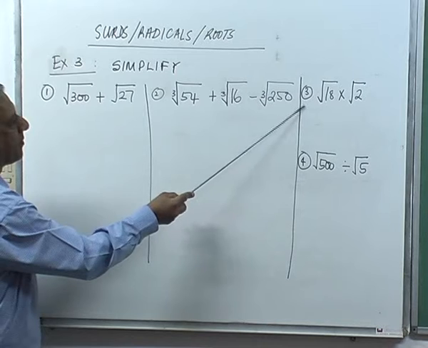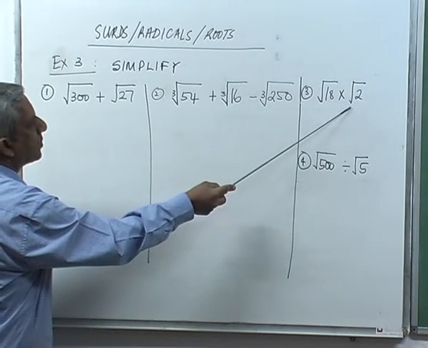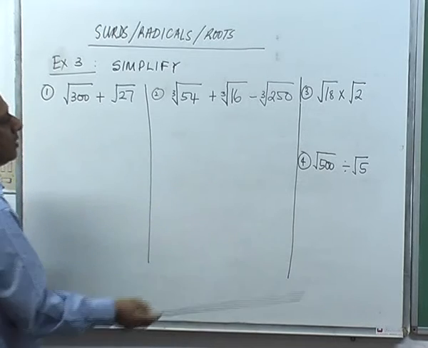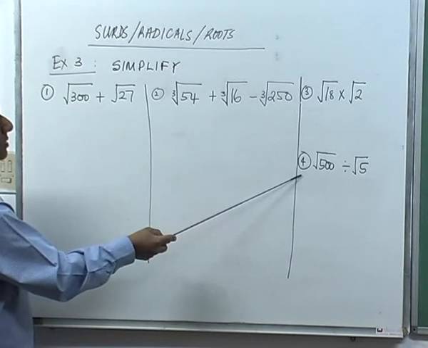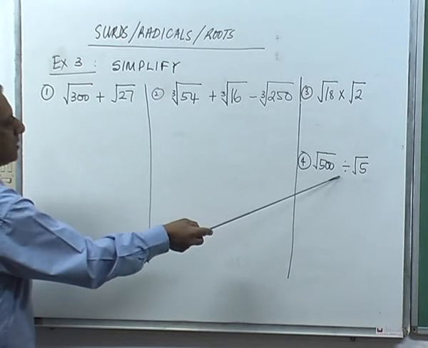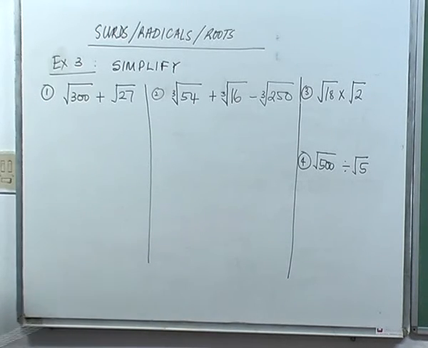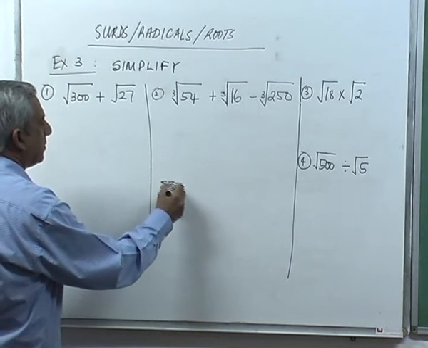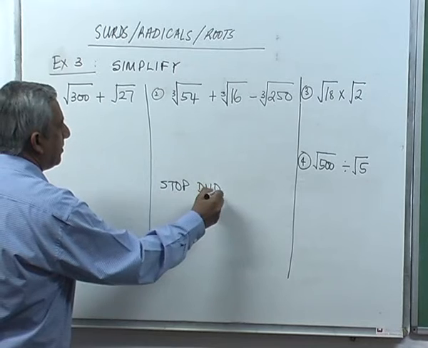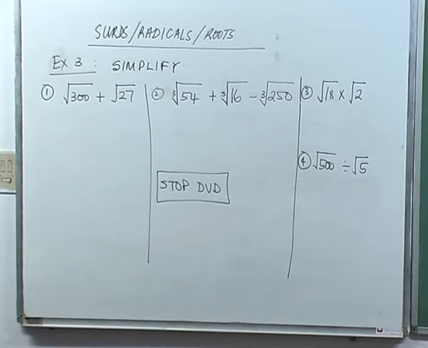Number 3, square root of 18 times square root of 2. Number 4, square root of 500 divided by square root of 5. Alright, you must now stop the DVD, try them and come back and we will mark them for you. So go and try them.